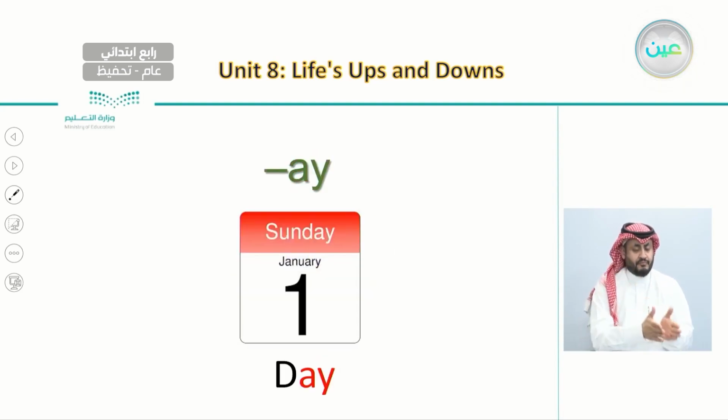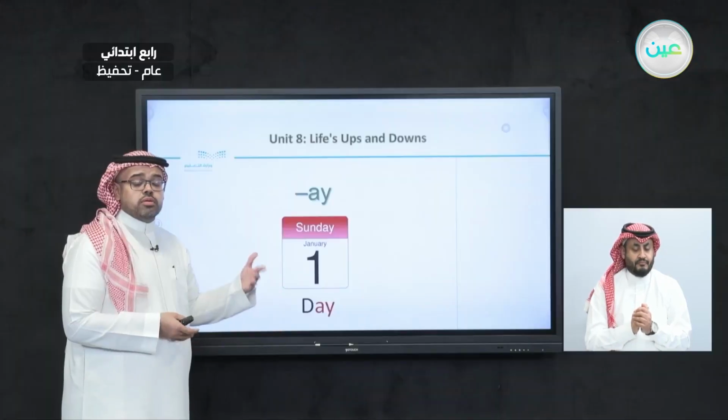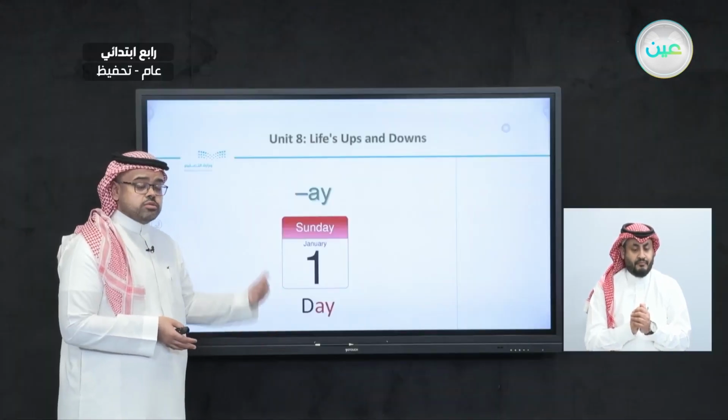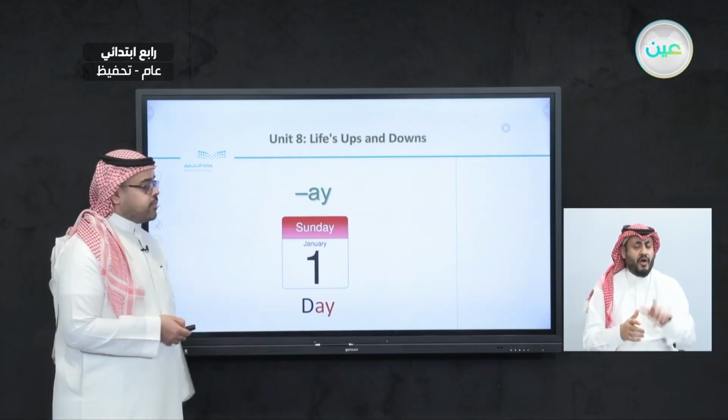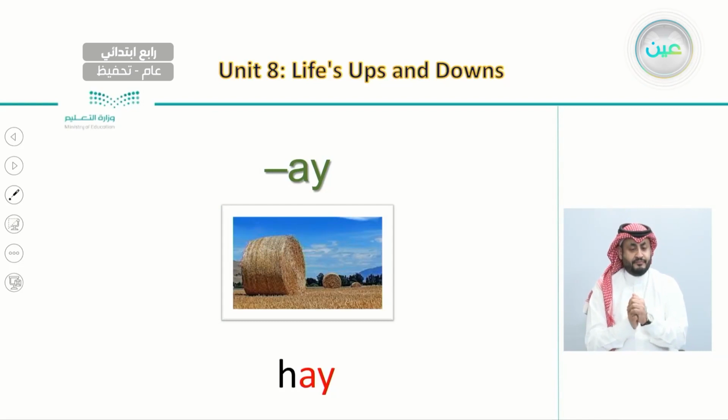Now let us move on to the second set of words, words that end with AY. The first word we have here is day. Say with me, day. And we can come across this word in many of our days, like Saturday, Sunday, Monday, and so on. The next word from the AY words is hay.